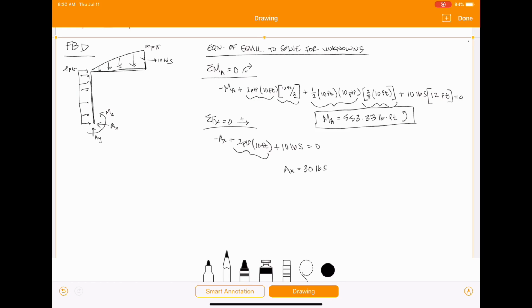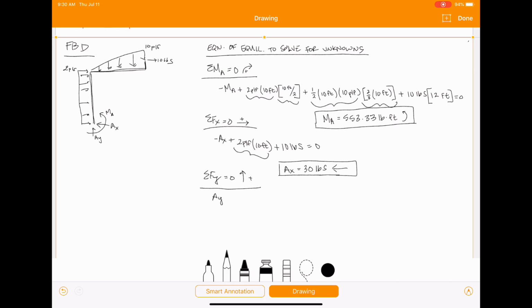And that's positive, so we know we assumed the correct direction over here in our free body diagram. So we know that it goes that way. Now we can do our sum of forces Y. Again, I'm going to start at the bottom, move my way up, and then to the right.